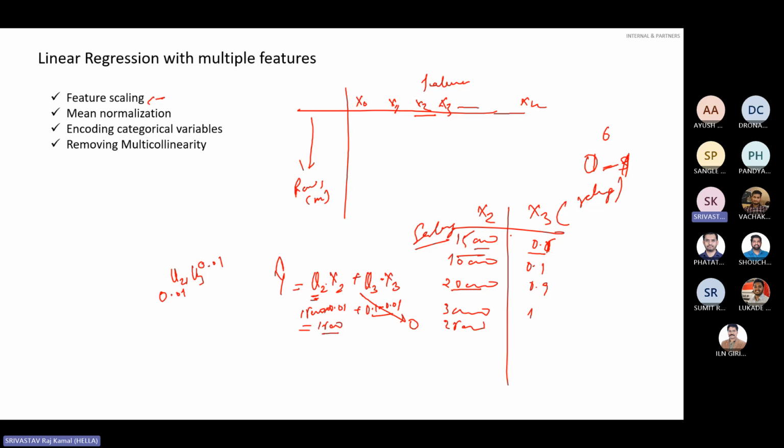So what do you see? The relevance or the importance of these numbers is so small that it makes very little change in the overall calculations. It becomes almost close to 0 compared to this factor, which is very high. This is very less.